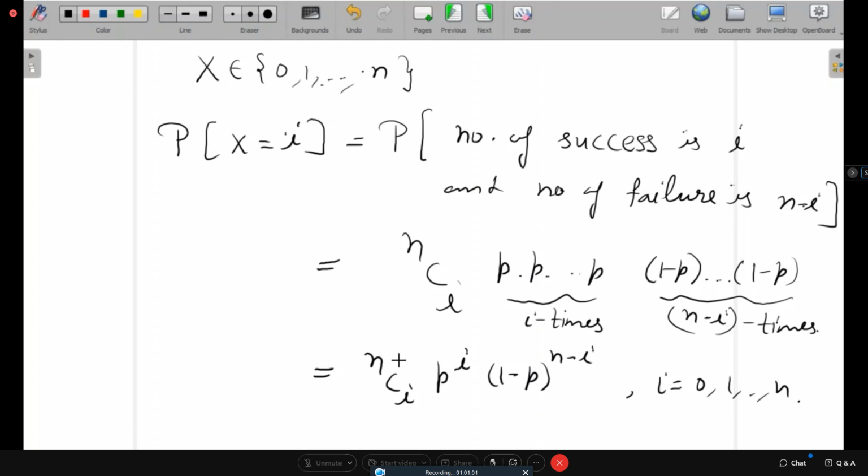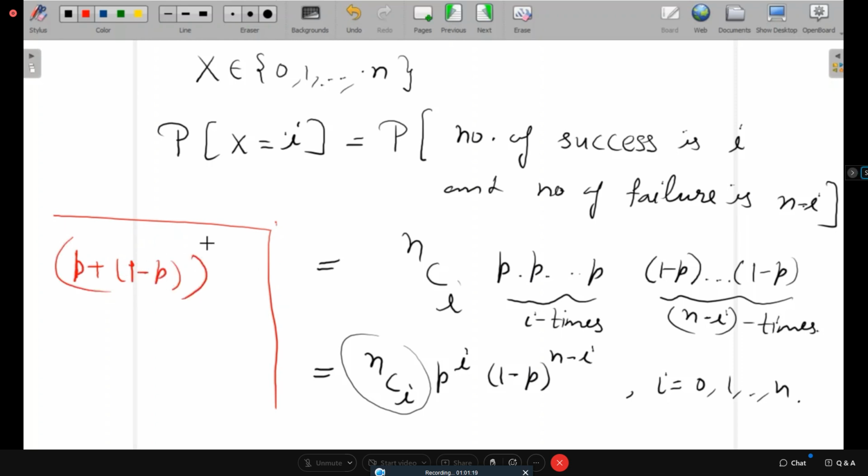Now, if you recall, this is nothing but the binomial coefficient. If you look at (p plus (1 minus p)) to the power n, you know (a plus b) to the power n, and how it expands. This is going to be the summation of n choose i, p to the power i, (1 minus p) to the power n minus i, with i from 0 to n.